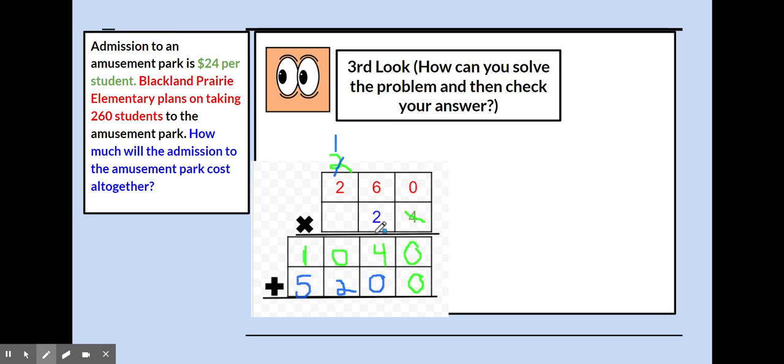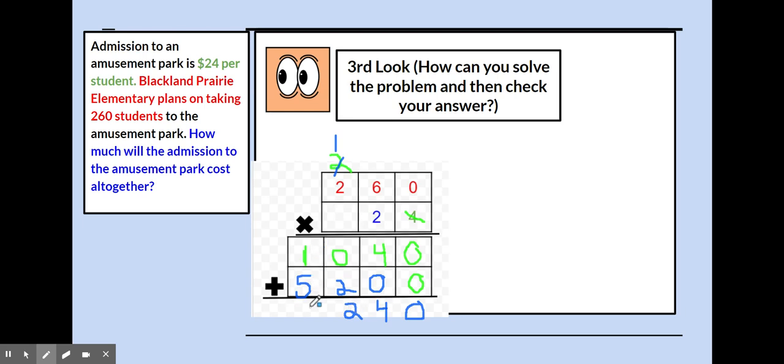Making sure we keep all our numbers lined up in the correct place value. So then we add 0 plus 0 is 0. 4 plus 0 is 4. 2 plus 0 is 2.